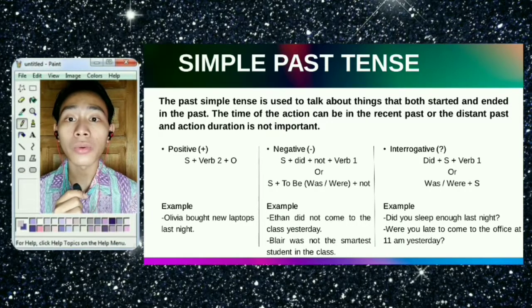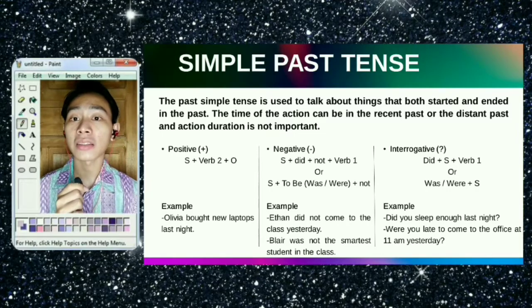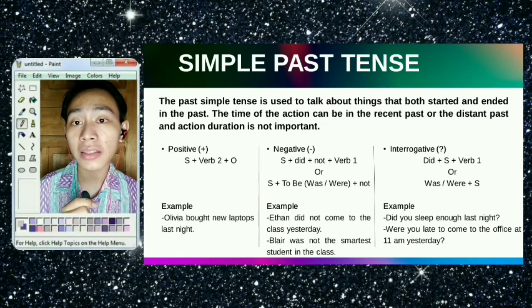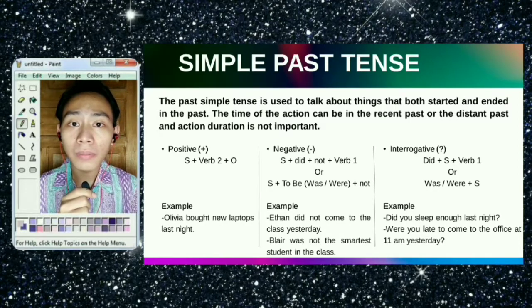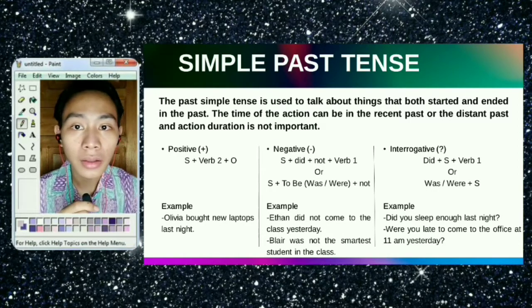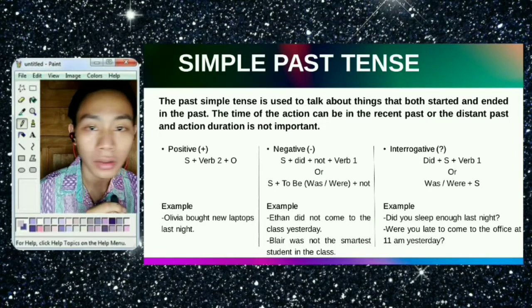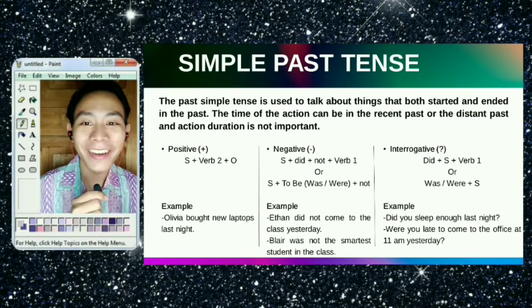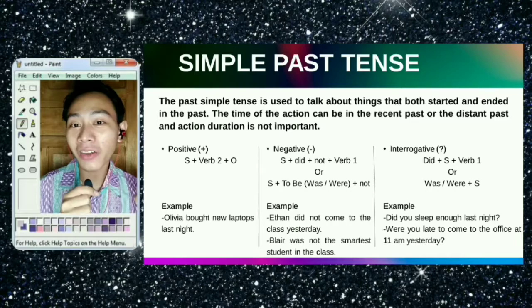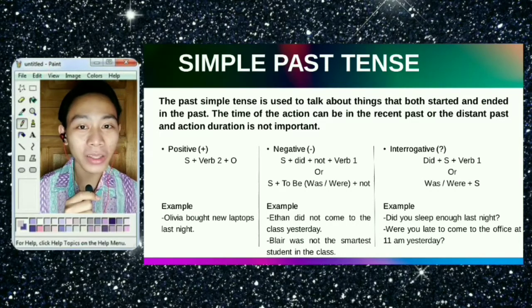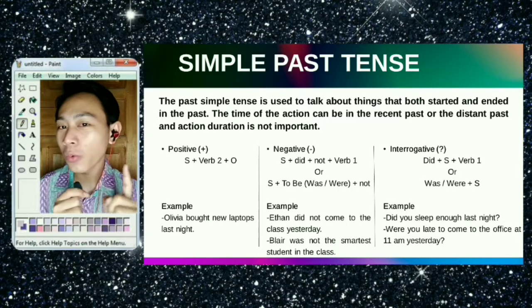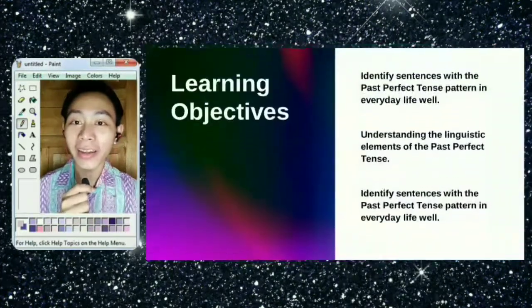As you already know, we discussed the simple past tense, which is used to talk about things that have already happened before now. So, what about the past perfect tense? Did you know about it? That's okay, because we are going to learn about the past perfect tense. After that, I will give you a quick quiz and we will discuss it together.